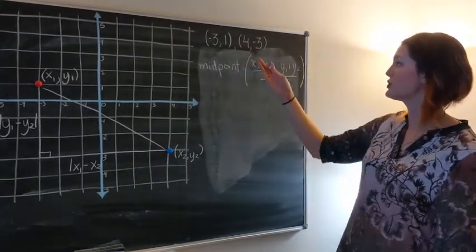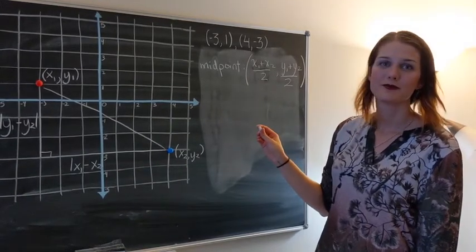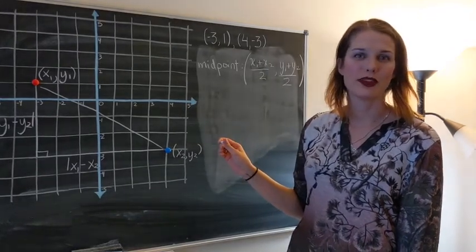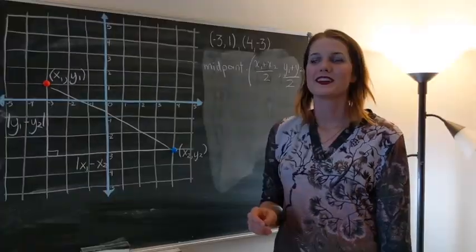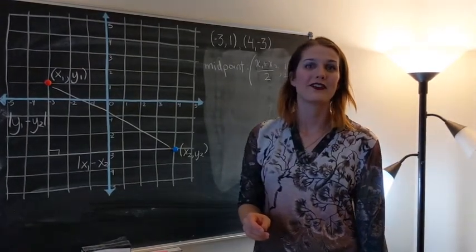For our particular 2 points that we're looking at in this example, go ahead and pause the video now and try and find the midpoint between the two using this formula. The midpoint of this line is (1/2, -1).